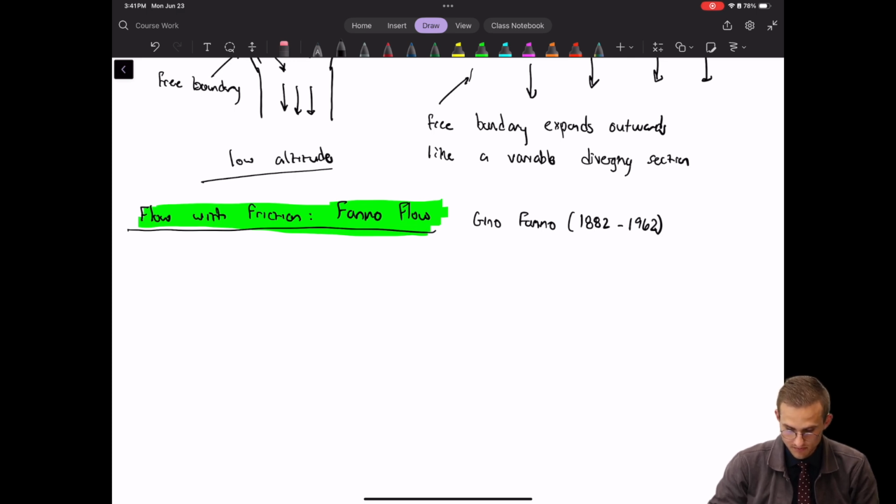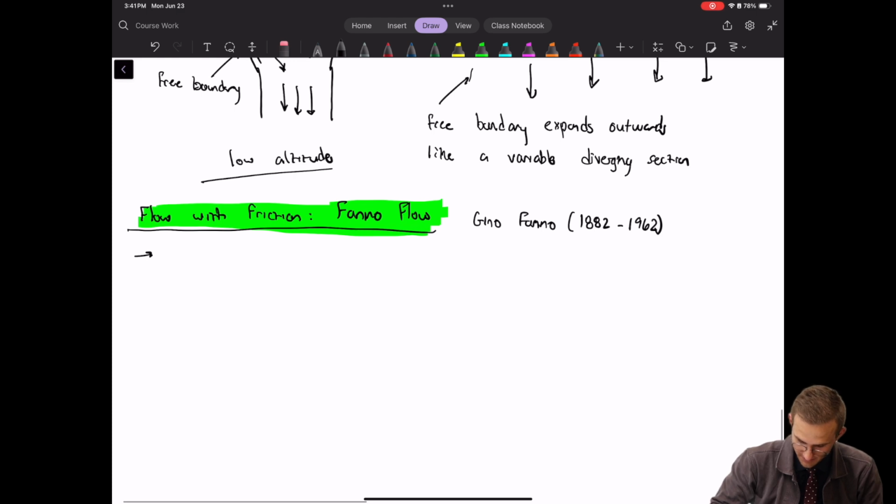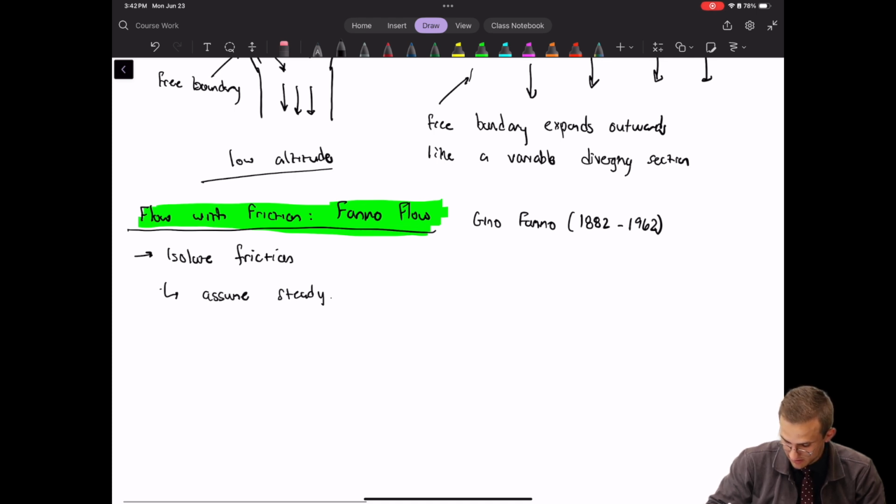So, to start, we're going to isolate the effects of friction. And what I mean by that is, we're back in a duct now. We're not talking about external flows. We're going to assume that the flow is steady. We will assume that it's 1D.